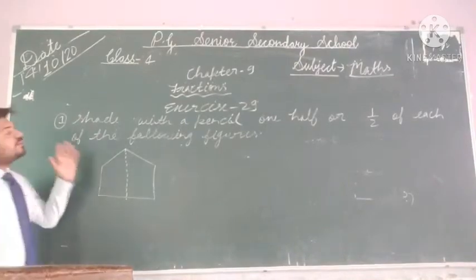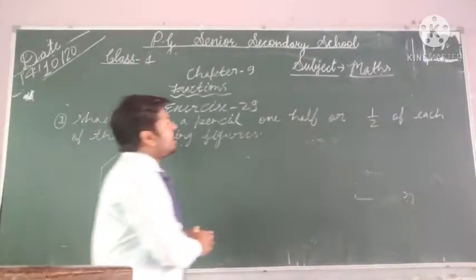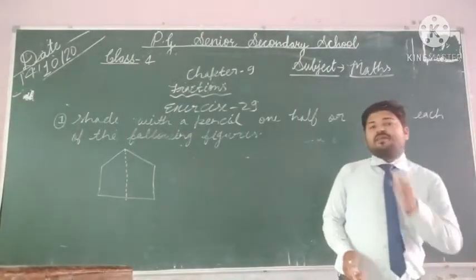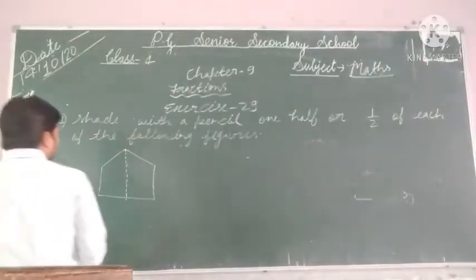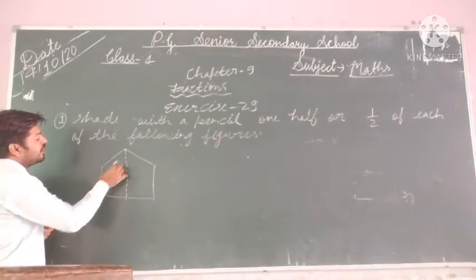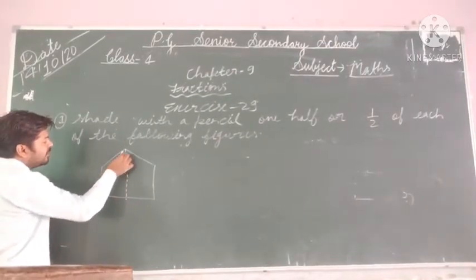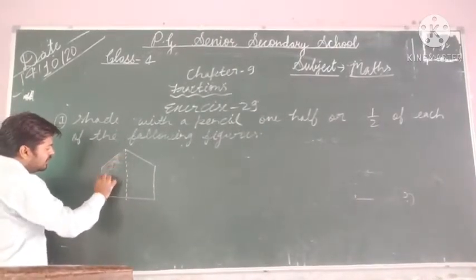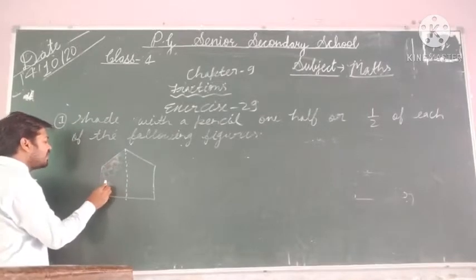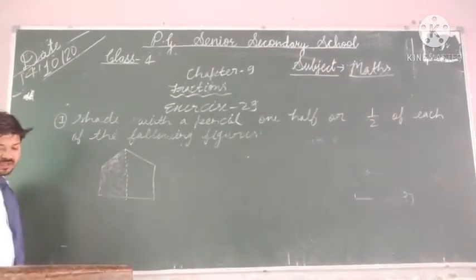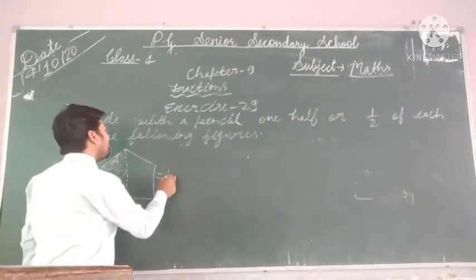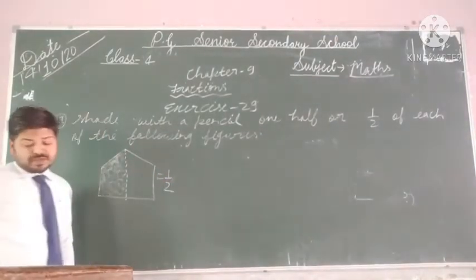Beta, shade with a pencil one half means half portion of the figure you have to color. With the pencil you have to shade one part, half part of this figure, and you have to write here 1/2.